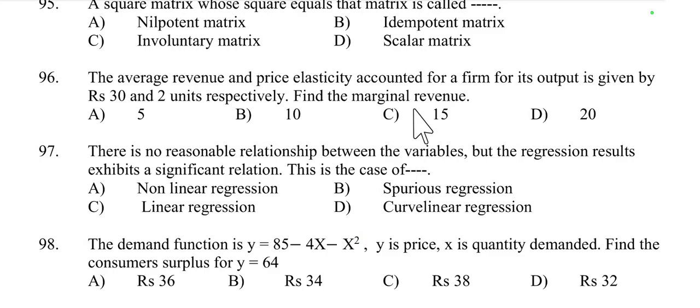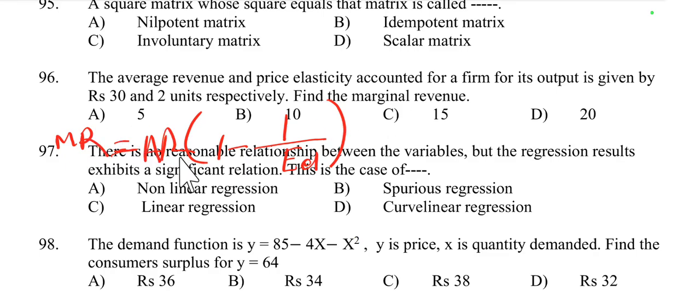To find marginal revenue, given average revenue and price elasticity of demand, we use the formula: marginal revenue MR is equal to AR into 1 minus 1 by ED, where AR is the average revenue and ED is the elasticity of demand.